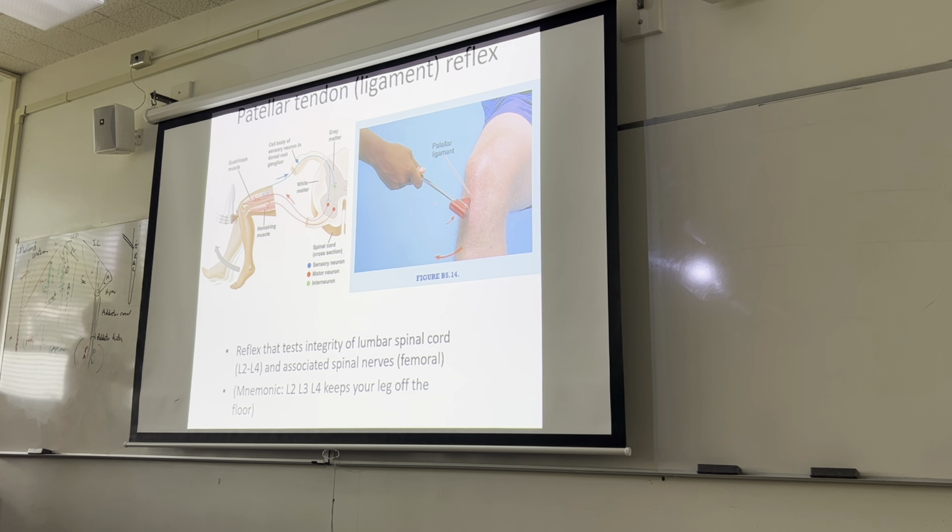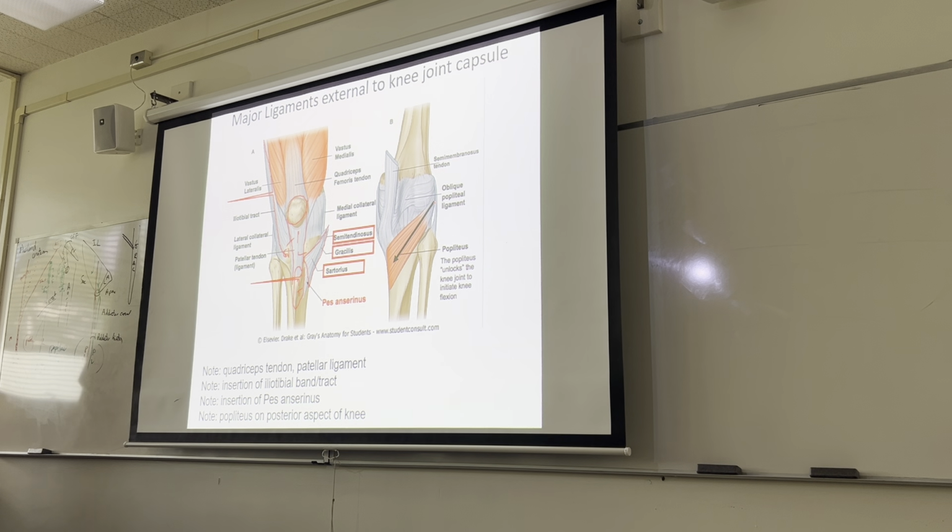And if one side is drastically reduced, that might indicate a lower motor neuron problem, like you could see in polio or Guillain-Barré syndrome. So that's why they're doing that kind of reflex testing. But anyways, I put it in here just to tie it into that patellar ligament. That's what they're tapping.